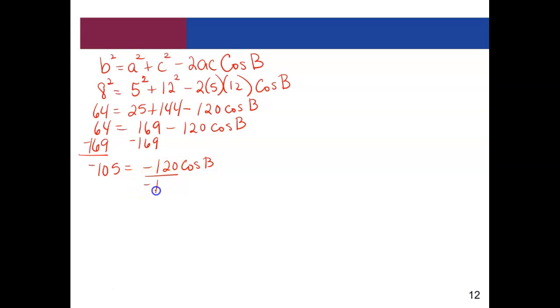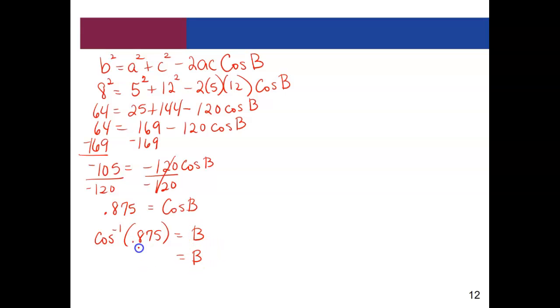Divide away this number. And then to get rid of cosine, we're going to do the inverse cosine of both sides. So B is going to be 29.0 degrees.